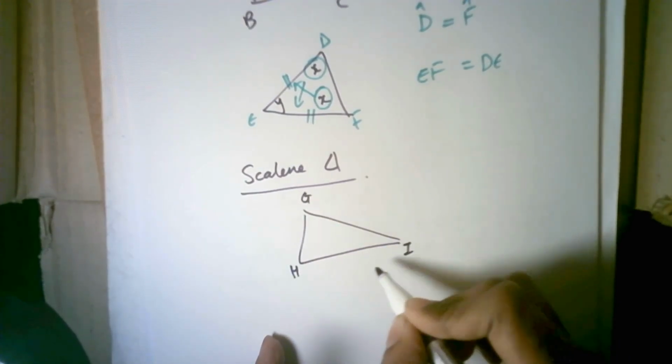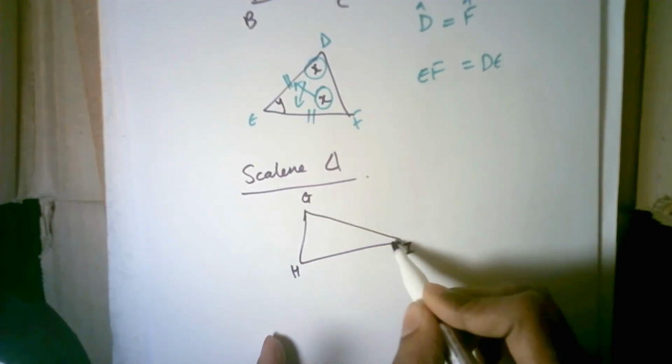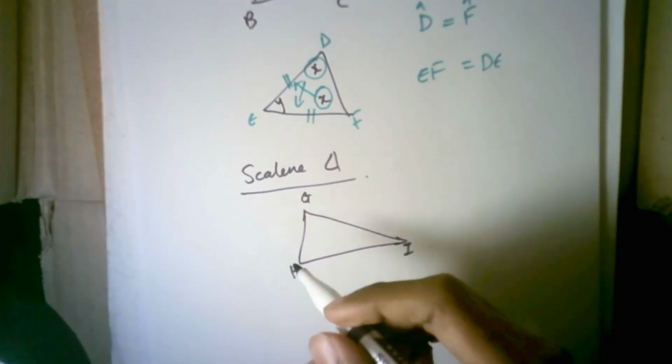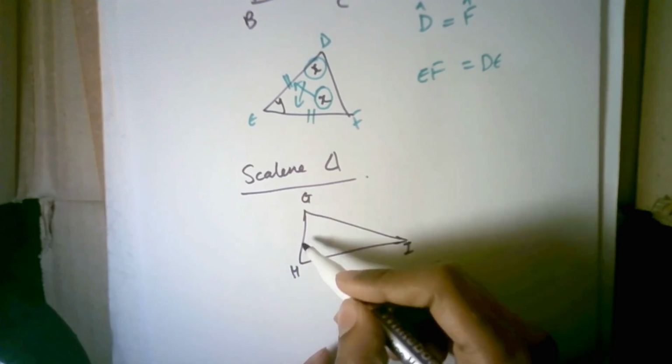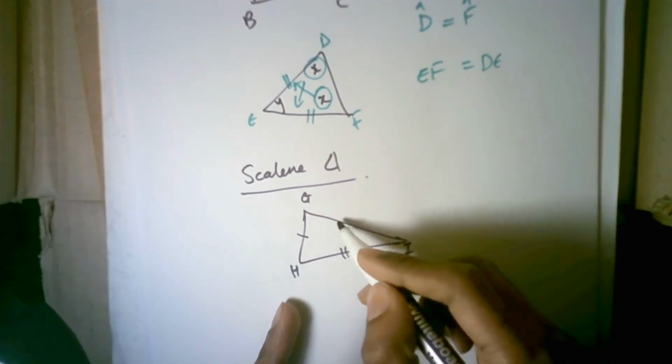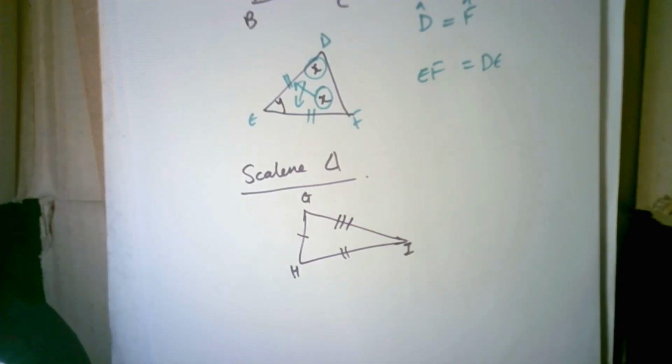I know I do not use a ruler, but this is a triangle with my free hand. I know that GH is a different length to HI, which is a different length to GI. And of course, the angles are different, right? So I have different markings indicating the different size of the angles.